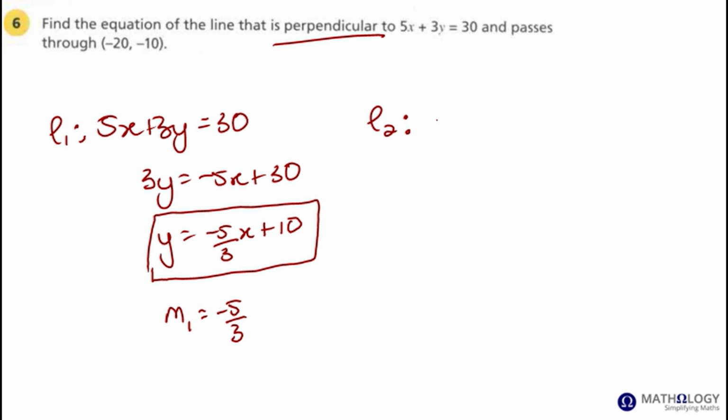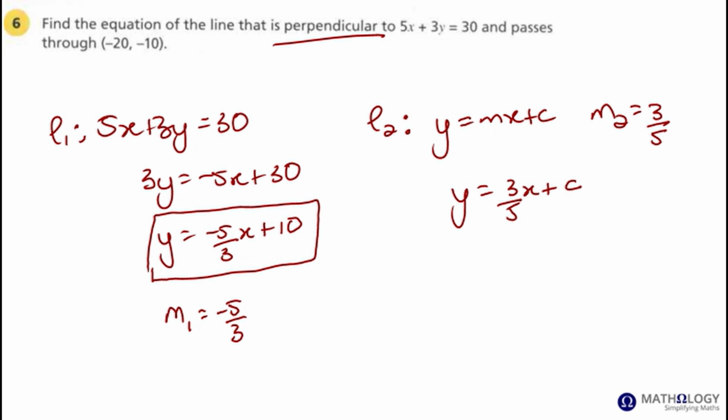That means, okay, line 2 is y equals mx plus c. We know that the gradient of line 2 is the negative reciprocal of minus 5/3 because line 1 and line 2 are perpendicular to each other. So the negative reciprocal of minus 5/3 is 3/5. So y equals 3/5 x plus c. Line 2 passes through the point minus 20, minus 10.